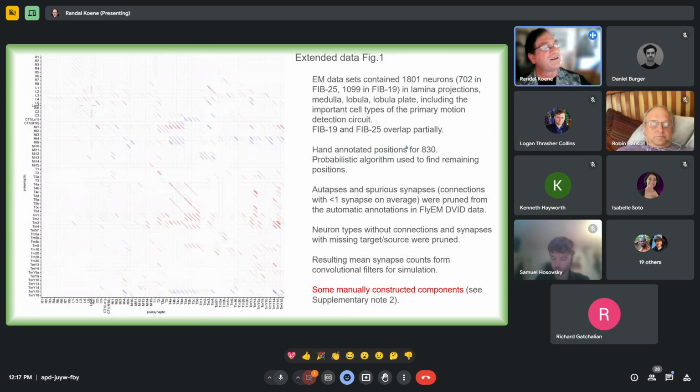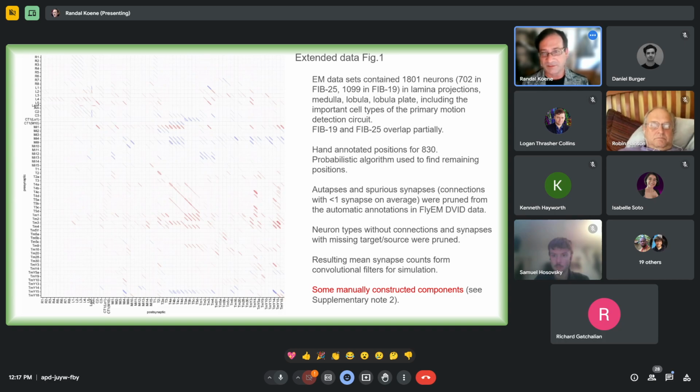This is a more detailed version of that figure that came from the extended data. The two EM data sets that were used are FIB19 and FIB25 from the FlyEM data set, and they contain a total of 1,801 neurons. 830 of those, the positions had already been annotated by hand, and then they used an algorithmic method to discover the additional positions of the rest of the neurons.